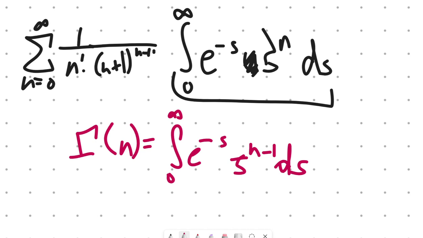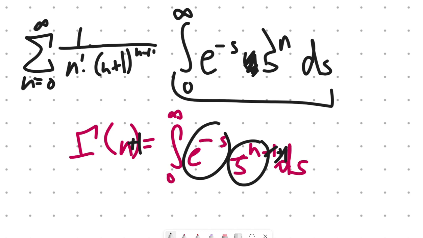Now we have n. So we just plug in the n plus 1 here. So this will be n minus 1 plus 1, which will just equal s to the n and e to the negative s. So this whole thing is just equal to the gamma of n plus 1.